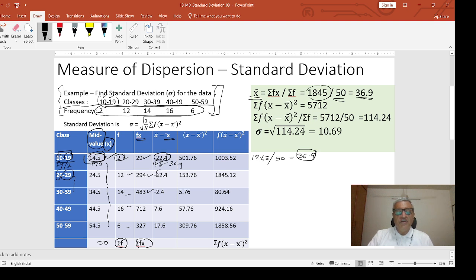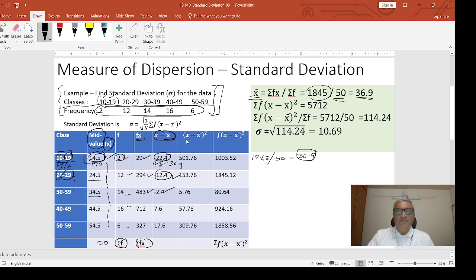Similarly, 24.5 minus 36.9 gives me minus 12.4. 34.5 minus 36.9 gives me minus 2.4. This is how I get my x minus x bar.